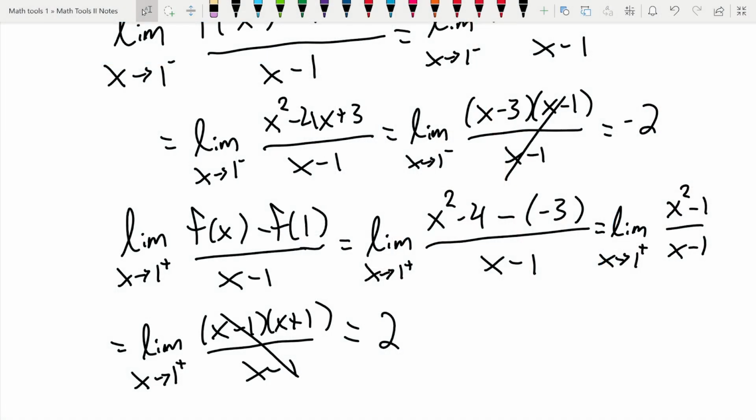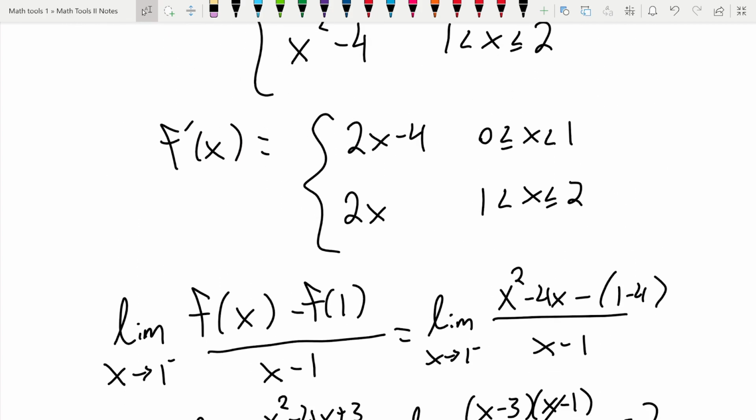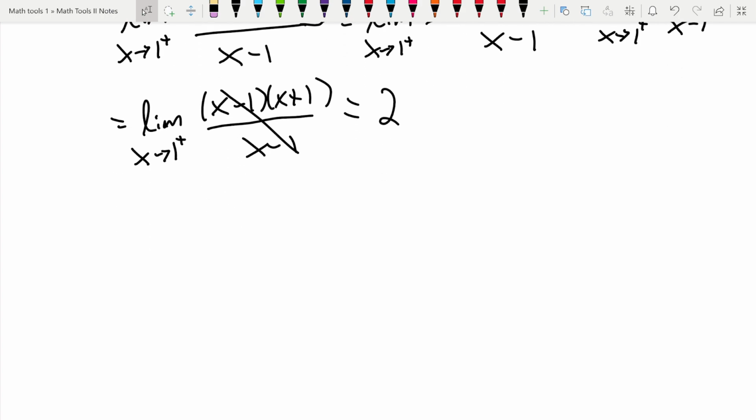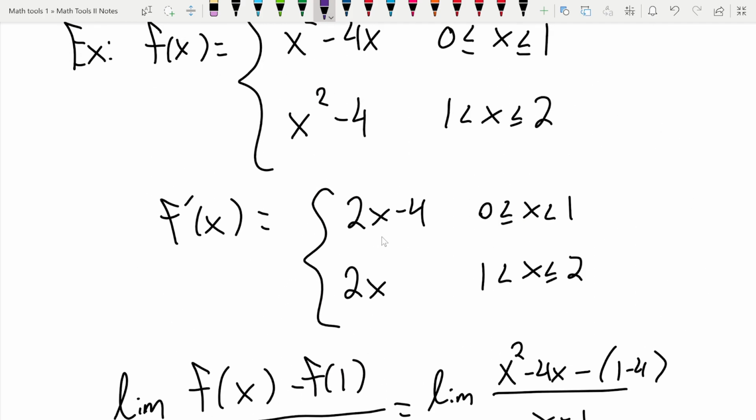So anyway, the thing that we want to use this for, of course, is the critical points. Because the derivative is undefined at x equals 1, that tells us that that's a critical point, right? So that's why we needed to go through all of this. So x equals 1 is a critical point. And then we need to see if the derivative is equal to 0 at any points on this interval.